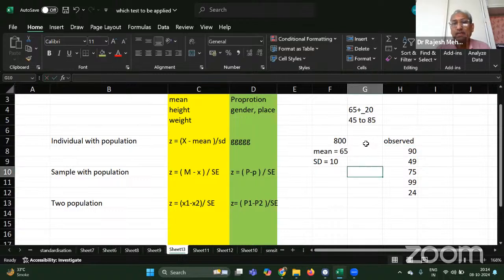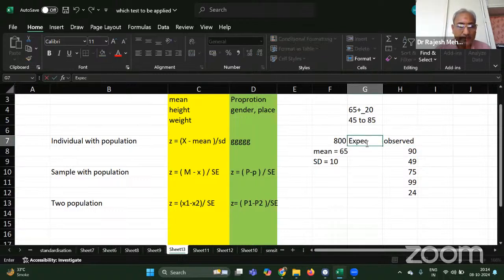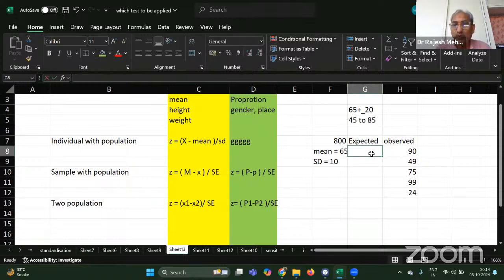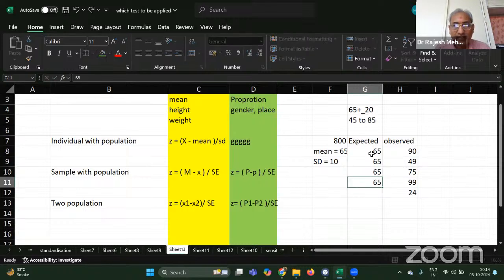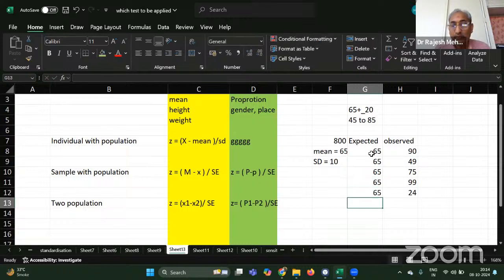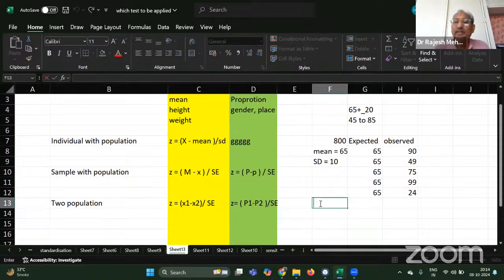And the expected value is the mean, that by and large, people are expected to be around 65. So in all these cases, expected value is 65. In the chi-square test, we'll see how we compare the observed value and the expected value. Here it is 65. So if you want to measure the distance from the mean, how far the distance is, we measure like this.